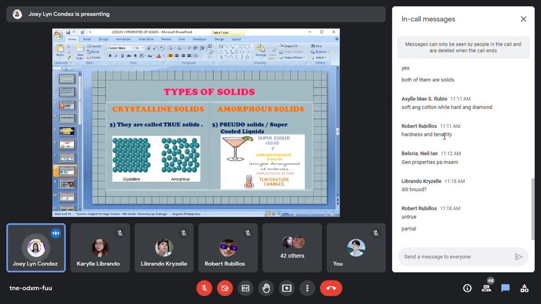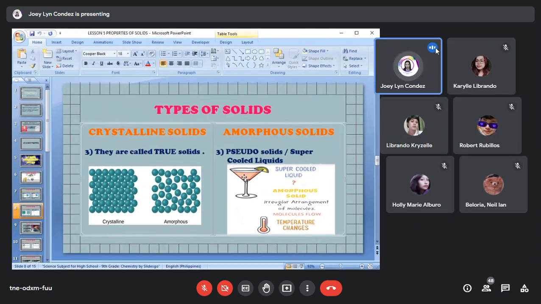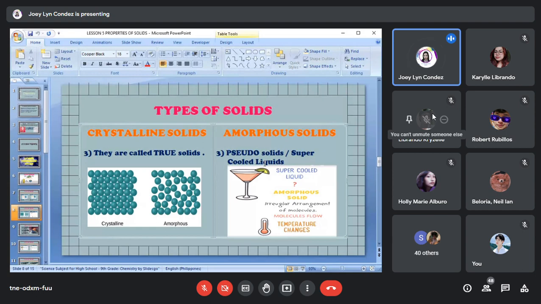Now, they are supercooled. Sometimes we call them supercooled liquids. Why do you think we call them supercooled liquids? Just like glasses. At very high temperature, for example 1,700 degrees Celsius, the molecules of glass behave like the molecules of liquids.